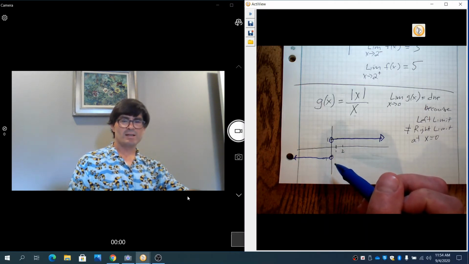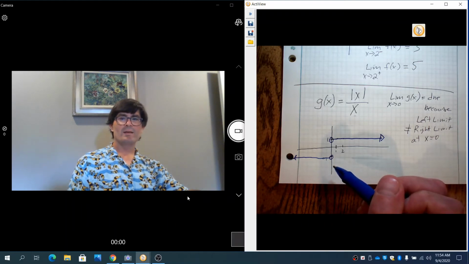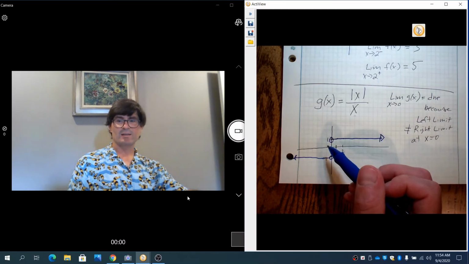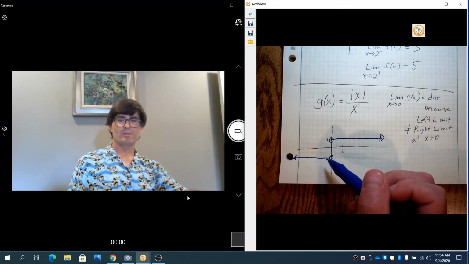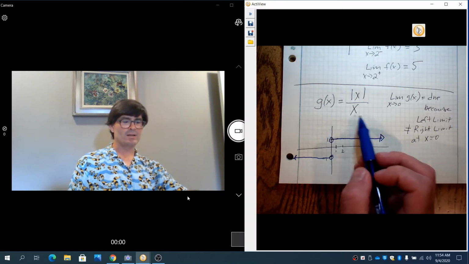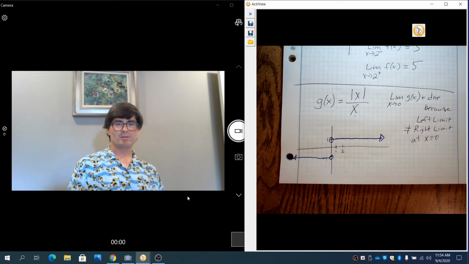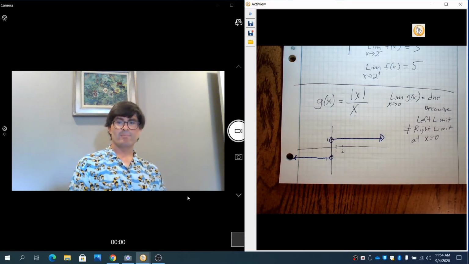If the point itself is not defined, you can still discuss limits around an undefined point. In this case, it didn't exist, but it didn't exist because the right and left sides didn't match. It had nothing to do with the point x equals 0 not being part of the domain of function g. So this is an interesting example because it illustrates that the point itself has nothing to do with the limit at all.